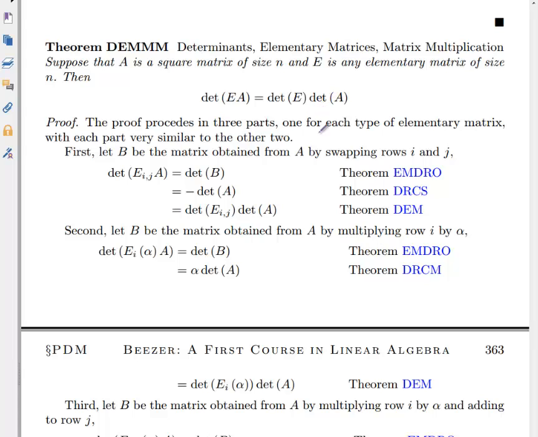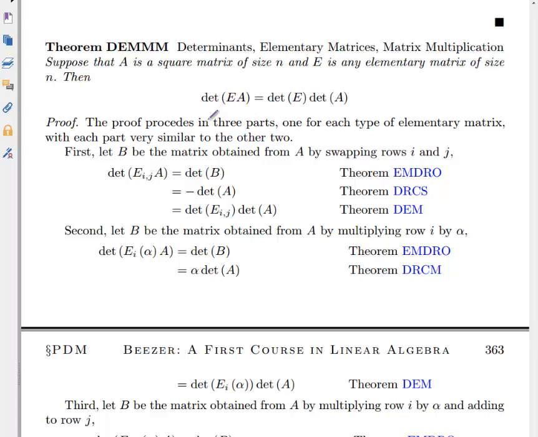And this actually follows immediately from what we've just seen. If I swap 2 rows of A, I'm going to multiply the determinant by -1. But on the other hand, the determinant of the elementary matrix that swaps 2 rows is -1. So that's going to give me -1 on both sides.